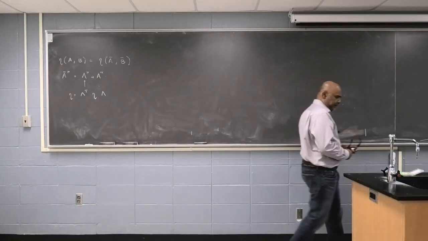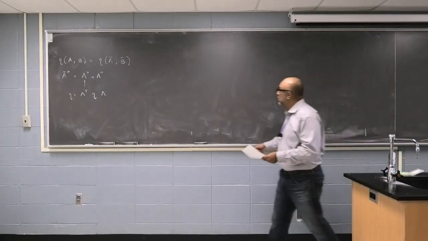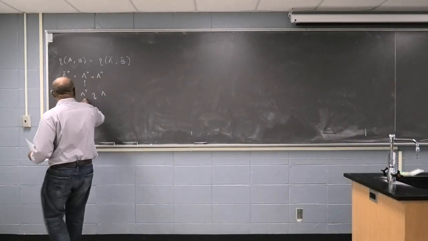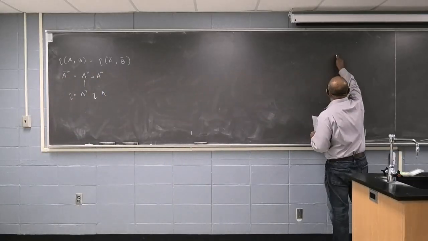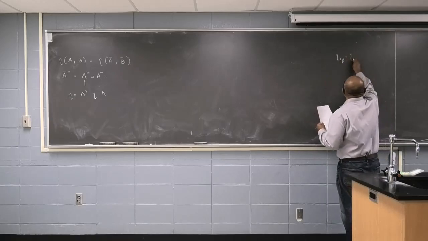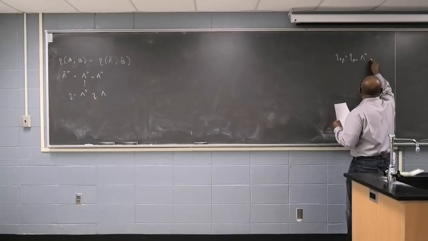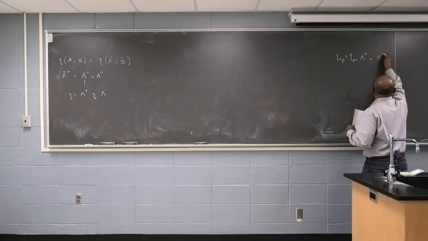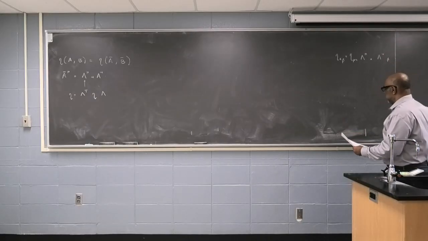What we will need today is an expression that I'm going to use. This guy, I'm going to write it on the top corner there. This guy in matrix notation, like matrix multiplication, reads like this: eta alpha beta equals lambda mu alpha, lambda nu beta, eta mu nu. It's in your notes.